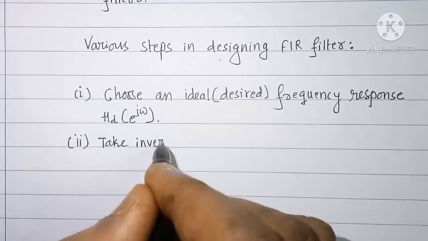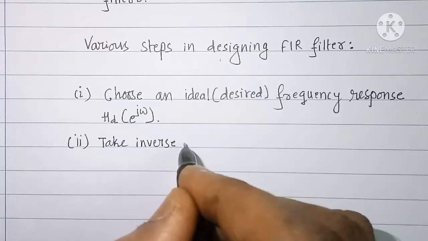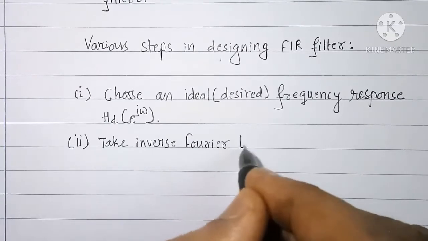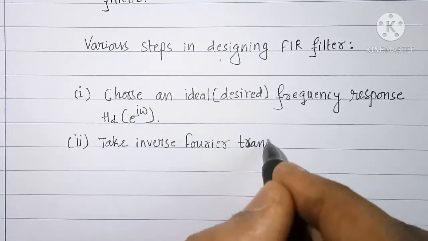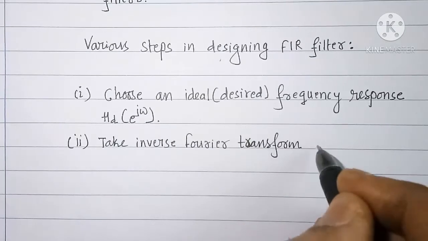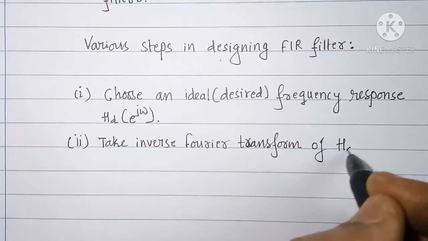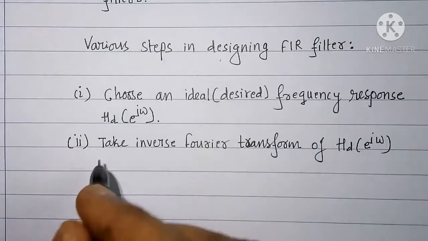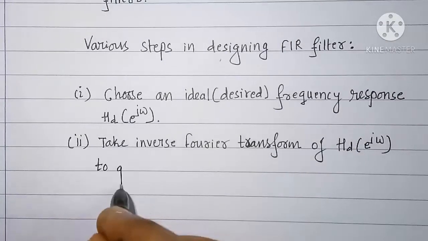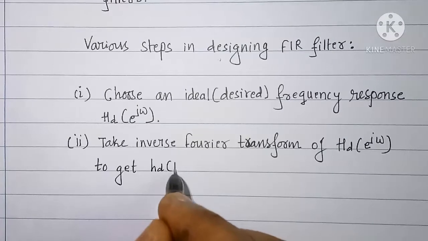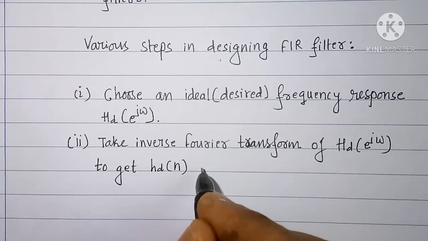Take inverse Fourier transform of HD of e raised to j omega to get HD of n or capital H of k.